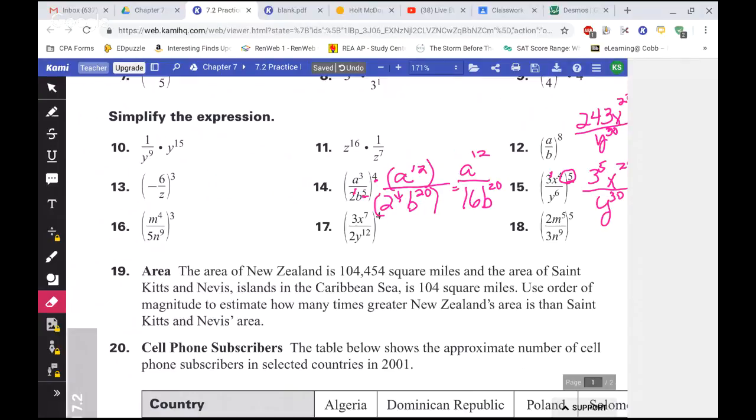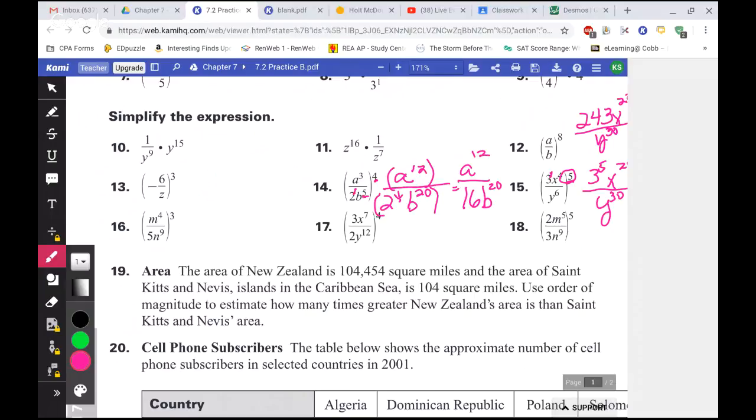What's the magic word that begins with E? Oh, come on. Exponent? Play along with me. Yeah, the 3 gets distributed to what inside the parentheses? Everything. Everything inside the parentheses. The 3 gets distributed to everything inside the parentheses.